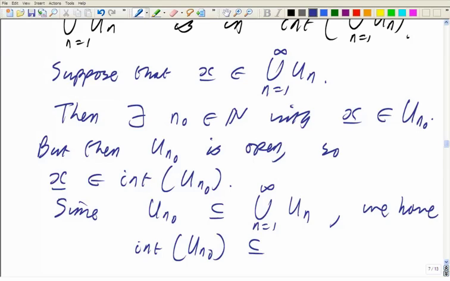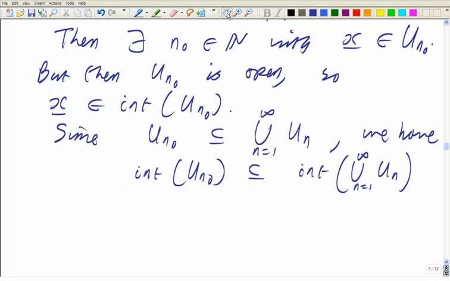So the interior of U n naught is a subset of the interior of the union. Union, not U. With unions and U's flying around, I sometimes wish I'd chosen some different letters. But hopefully you can tell the difference between my unions and my U's.